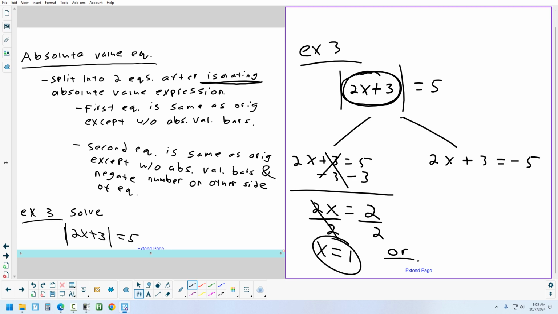Or, there's also another answer. So subtract 3 from both sides. -5 minus 3 is going to give me -8. Yep, -8. Divide by 2, and we get x equals -4. Yep.